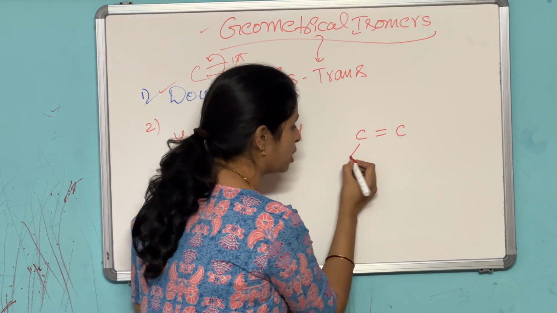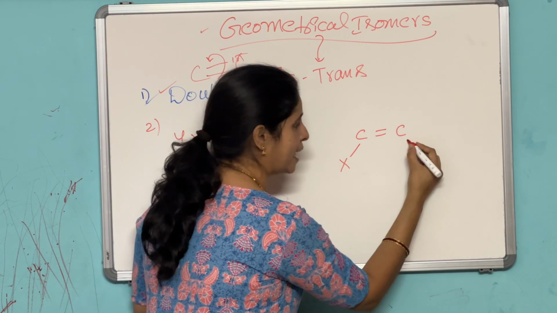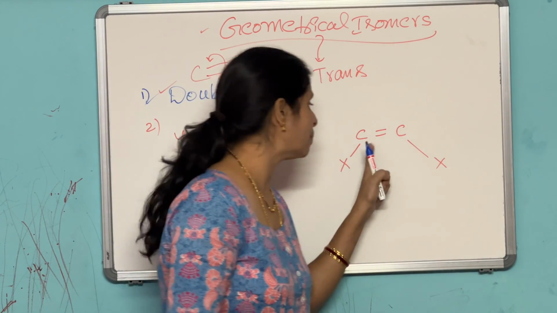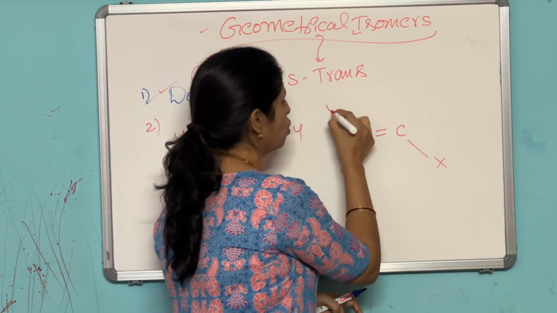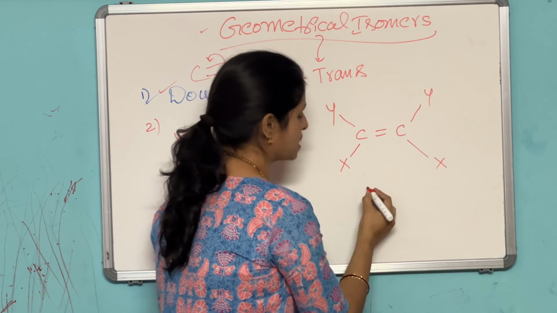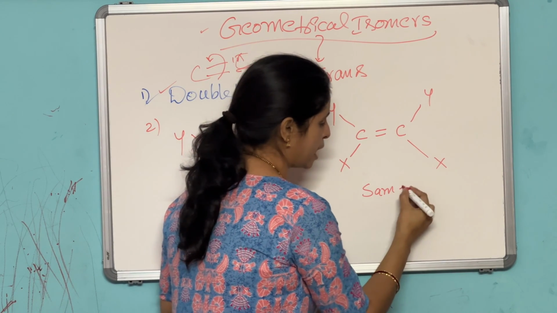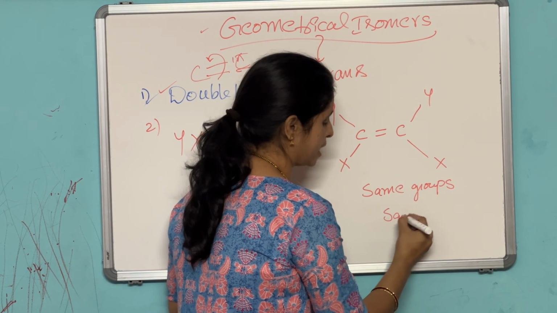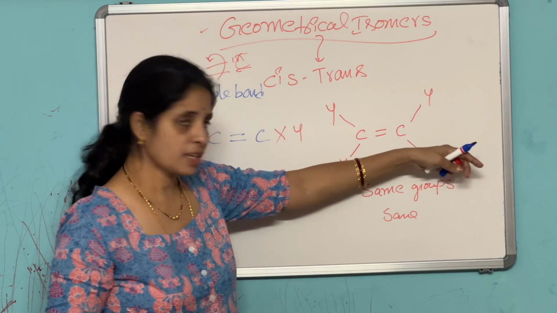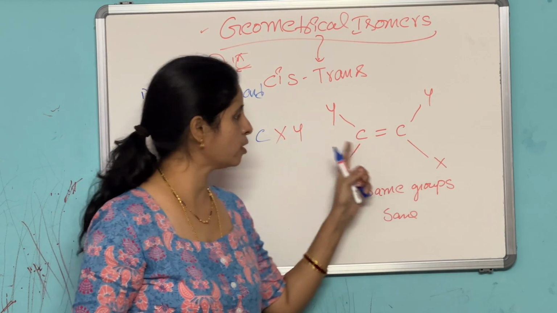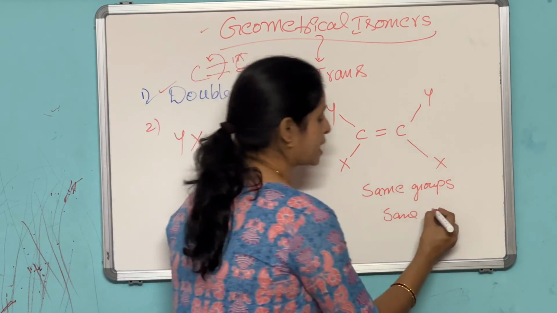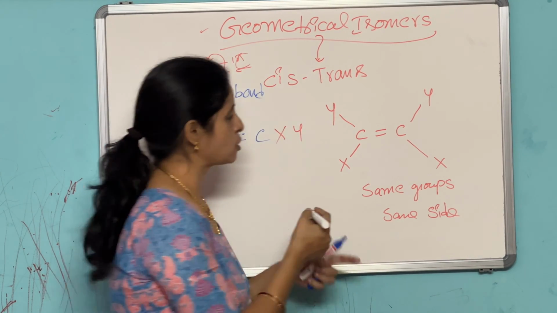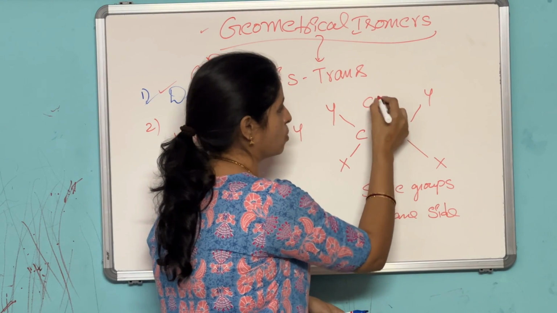If two similar groups are oriented on the same side of the double bond, same groups or atoms present at the same side of the double bond, here they lie on the same side of each carbon, no? So same groups, same side, we call such an isomer a cis isomer.